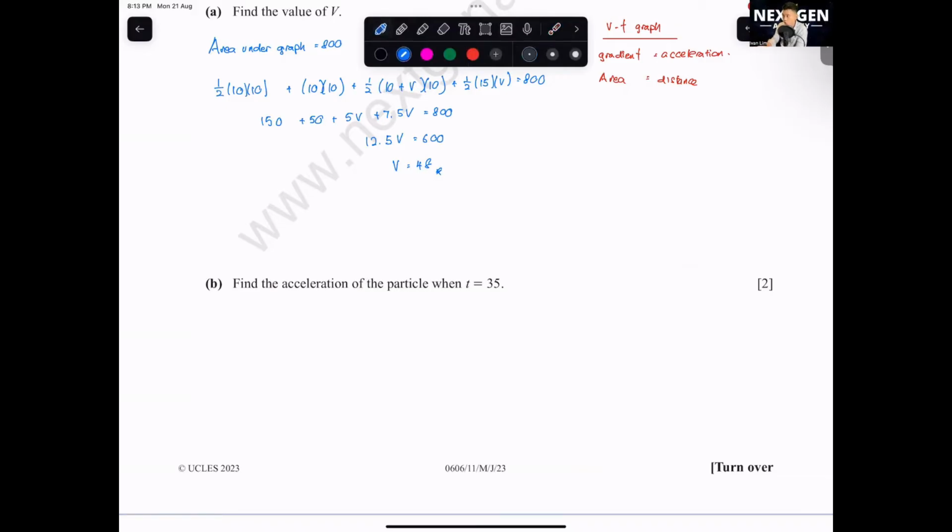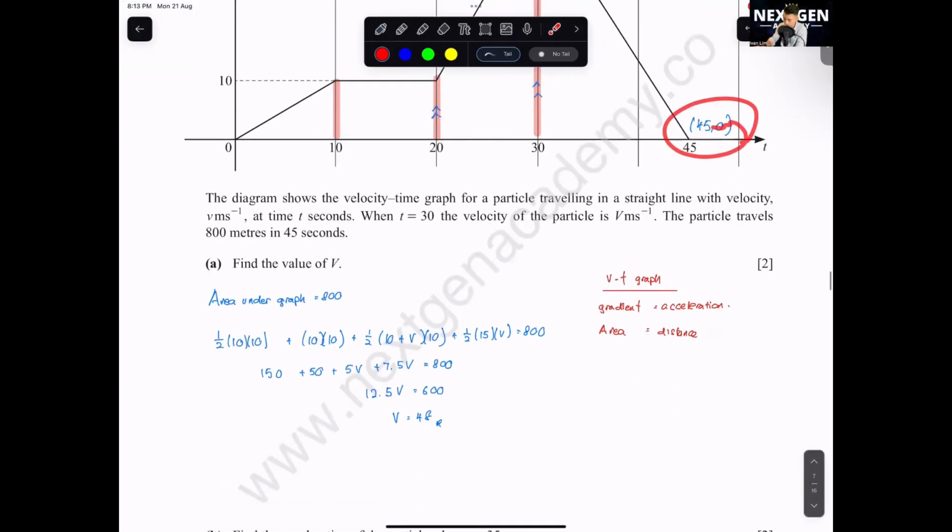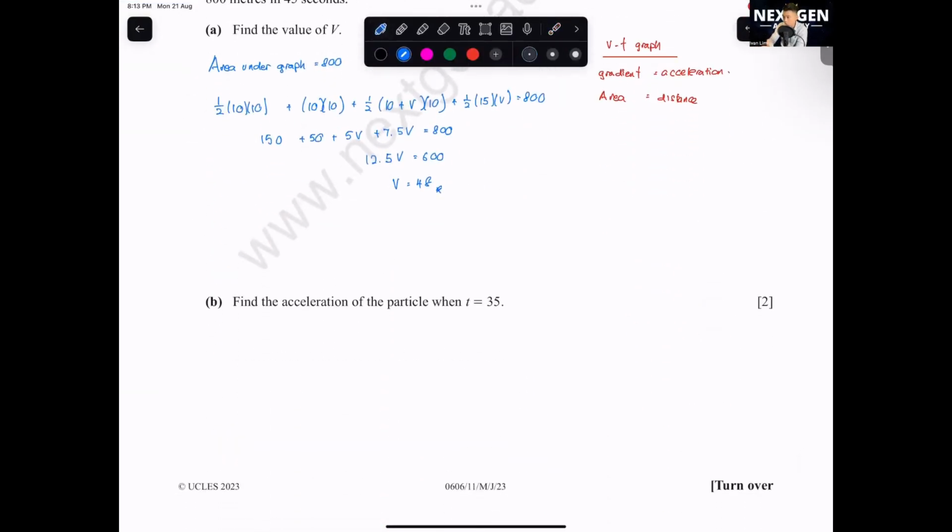So what you got to do, you take 2 points, which is these two that you can see, 30 and 48, since it's constant deceleration, correct? You take the final speed minus the initial speed, because your formula of acceleration is final speed minus initial speed over time. So here your a will be the gradient, which is y2 minus y1.